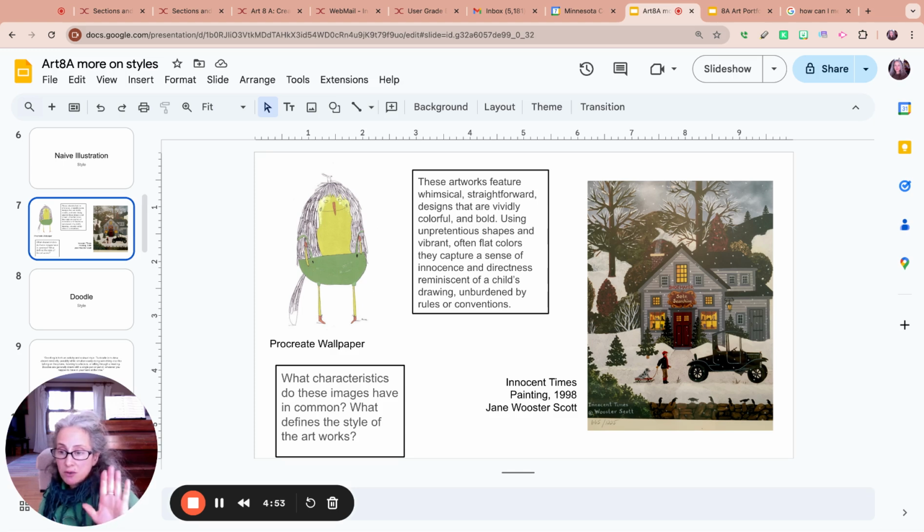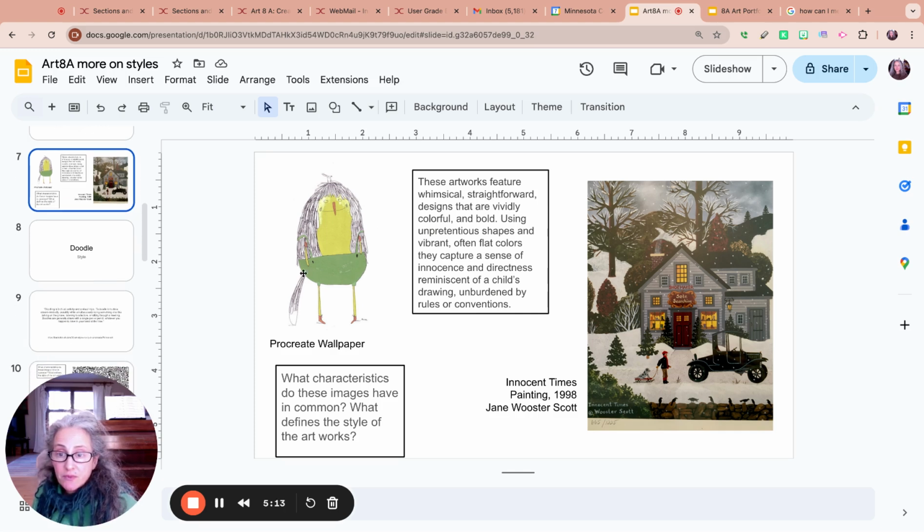And you can see how she does straight on frontal images of quaint scenes, showing you the simplest perspective with the most detail to help you understand the image. So very childlike, flat colors, unpretentious shapes, vibrant, very straightforward.